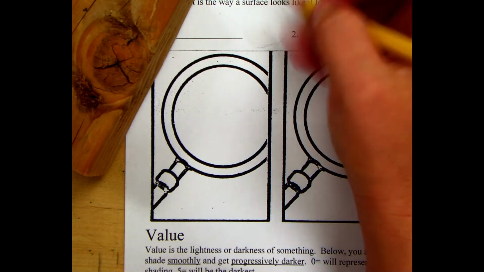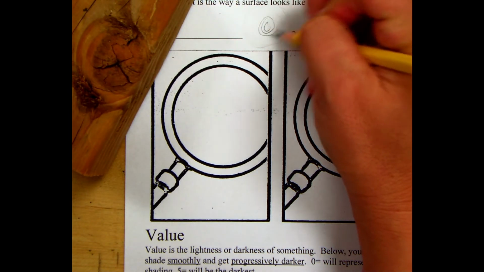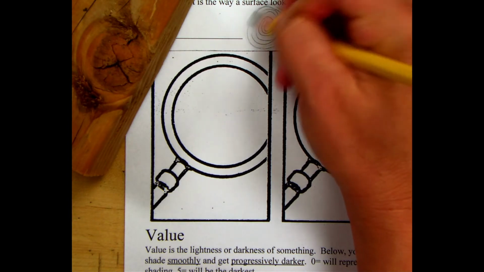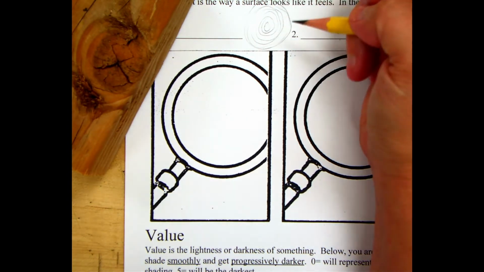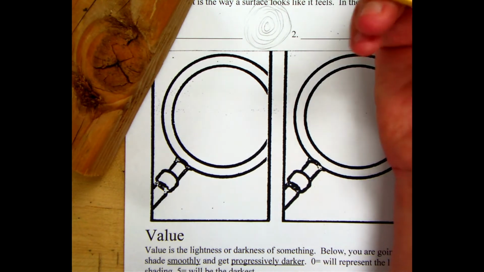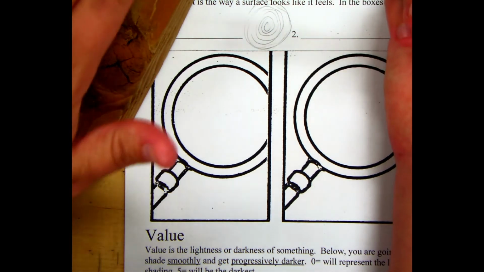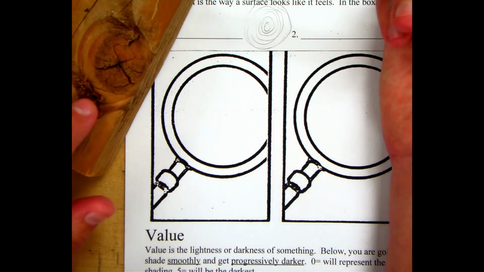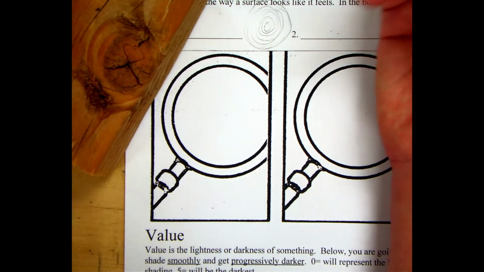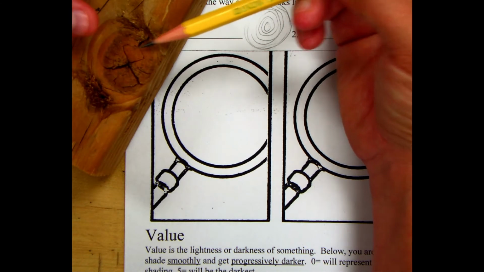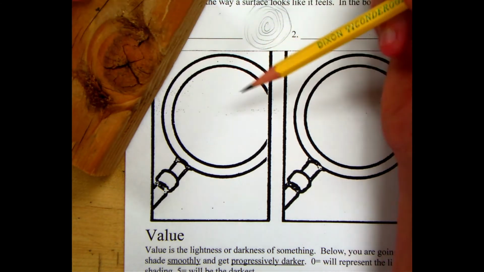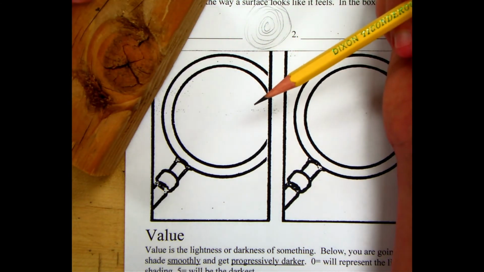Not drawing from observation is just drawing from what you imagine a knot to look like or whatever it is you're drawing, and then you just say, oh, that's a knot. That's an imagined knot, not an observed knot. So all of the information that you need is given to you in that object, and so basically you're like a copy machine. You look at the angles, the values, the distances between the angles, and then you transfer it onto your sheet of paper.